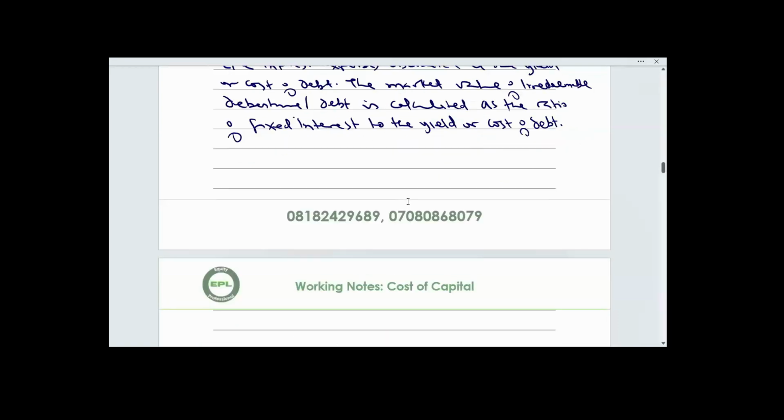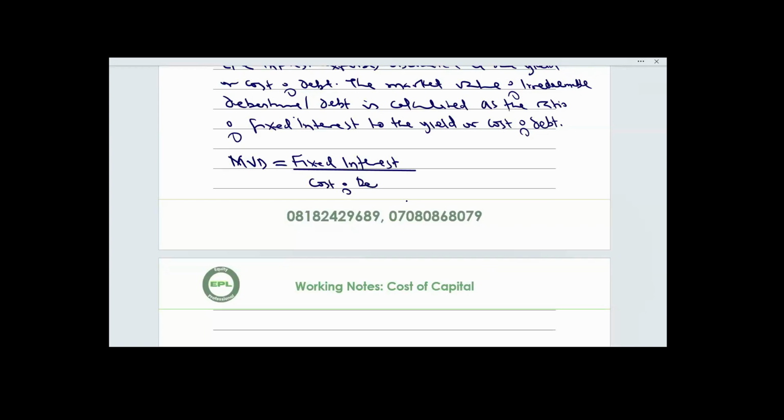Whenever you have to calculate market value of debt, the market value of the debenture is calculated as the fixed interest where there is no tax. Where there is tax, you include 1 minus tax. But in this particular question, we are not given tax rates. So divided by the cost of debt.